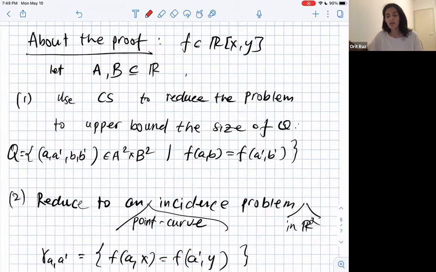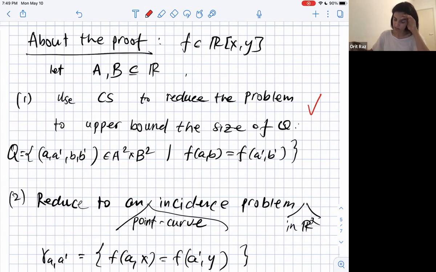We knew how the surface should look and what happens when it is degenerate, when f is a special form. So we understood it pretty well, and this worked well. We could do a Cauchy-Schwarz and move to this problem.